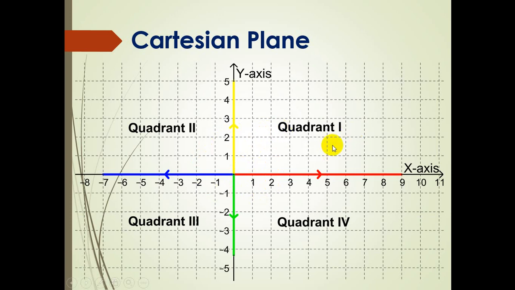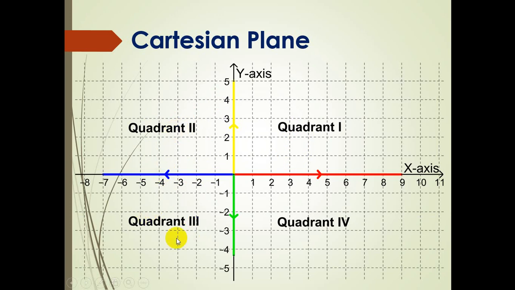This one is the first quadrant. For every point that lies in this quadrant, the values of x and y must be positive. For the second quadrant, the value of x must be negative, but the value of y is positive.